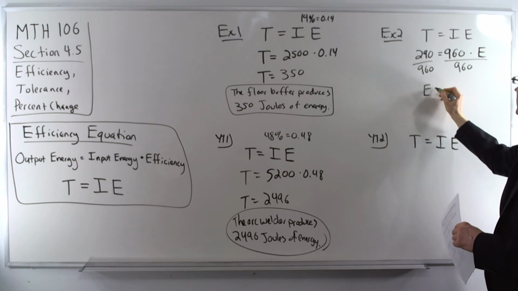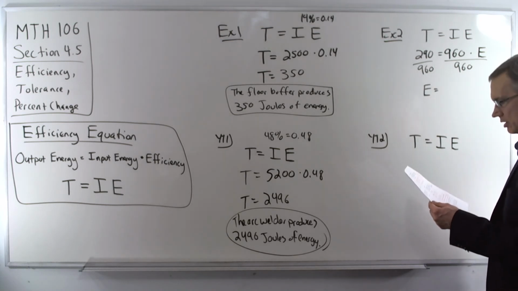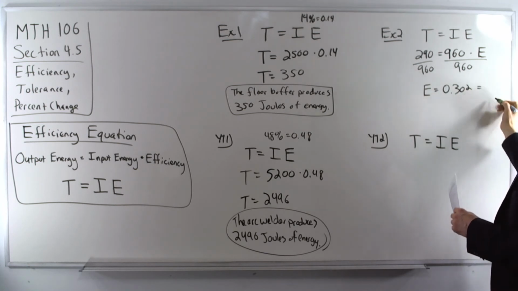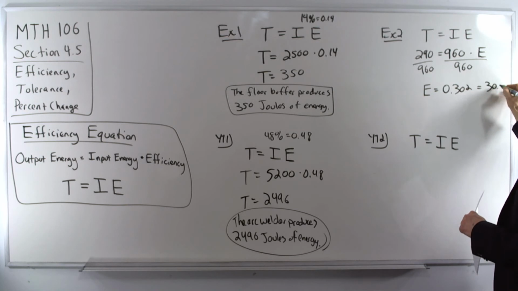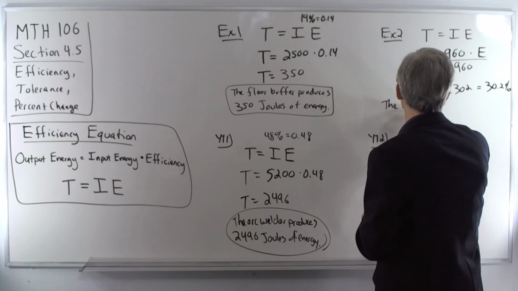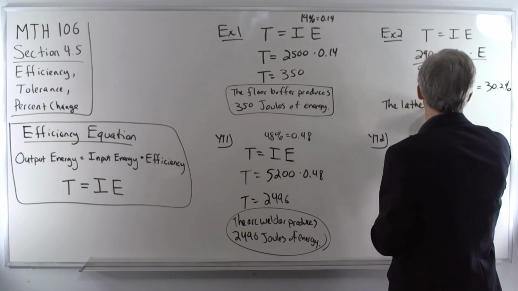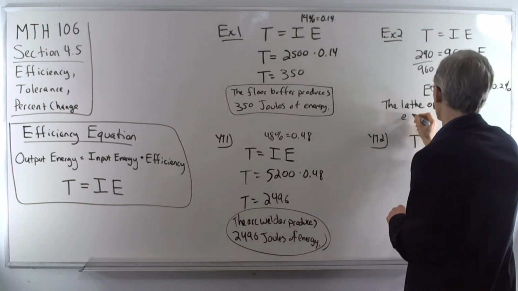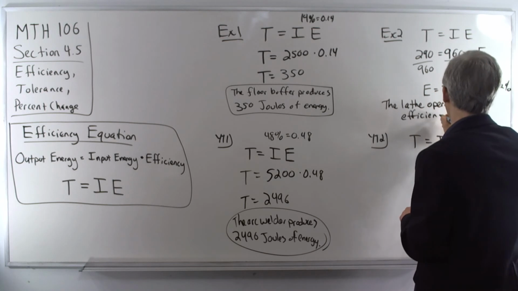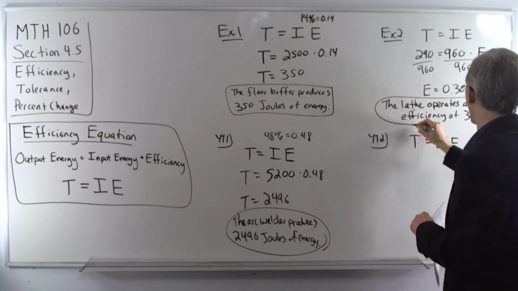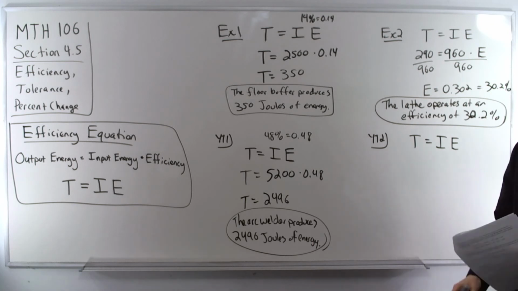And E equals 0.302, which, if we convert that to a percent, is 30.2%. Okay, the lathe operates at an efficiency of 30.2%.